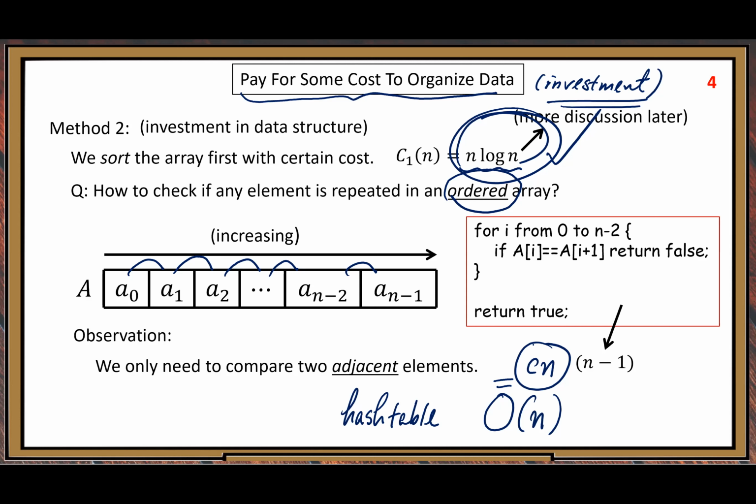If one element is repeated, you get a collision, because when you insert, you will hit an existing element in the hash table. Then you find it. That is the fastest solution. But you need an advanced data structure, the hash table.